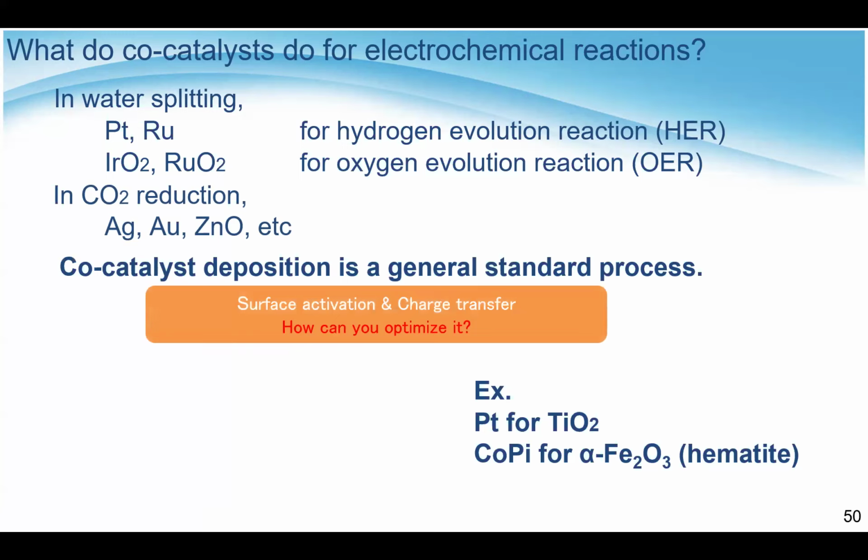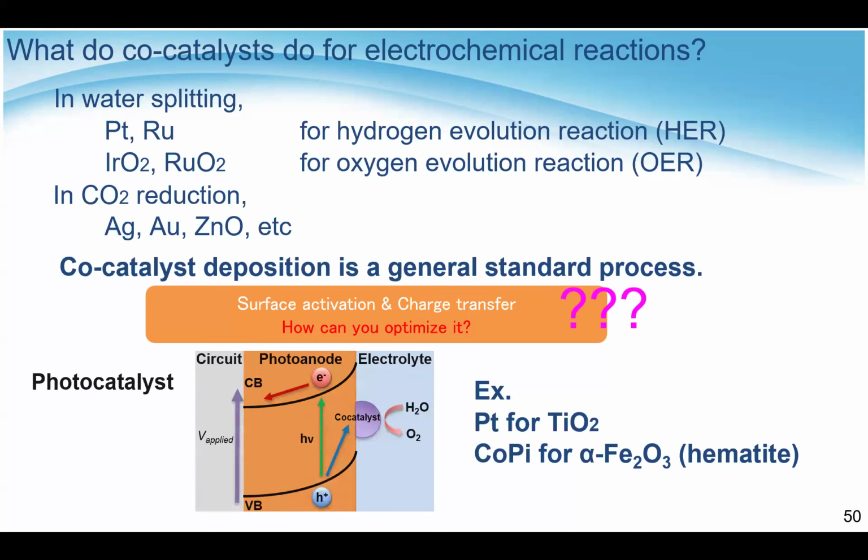So co-catalyst deposition is a general standard process for water splitting reaction, and it is believed that it helps surface oxidation and charge transfer. But how you can optimize it is still trial and error.